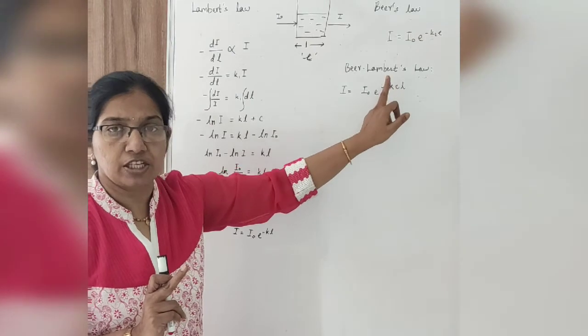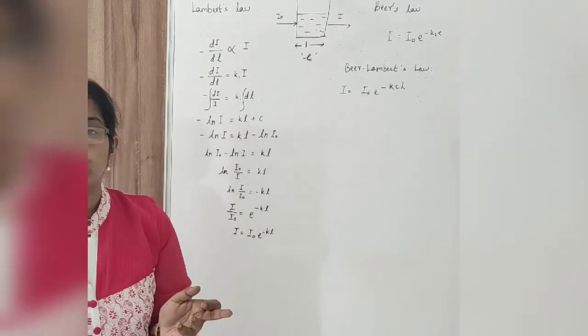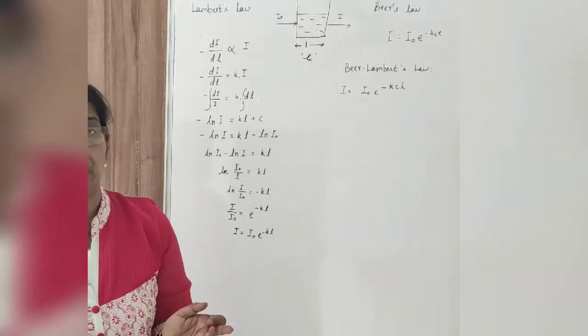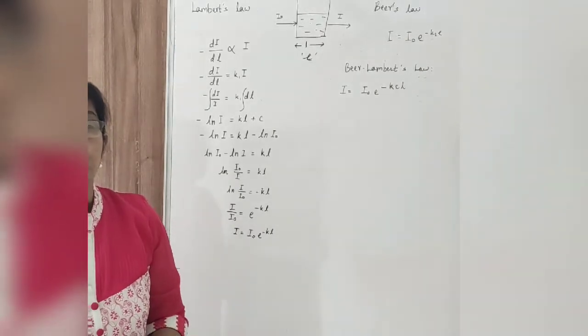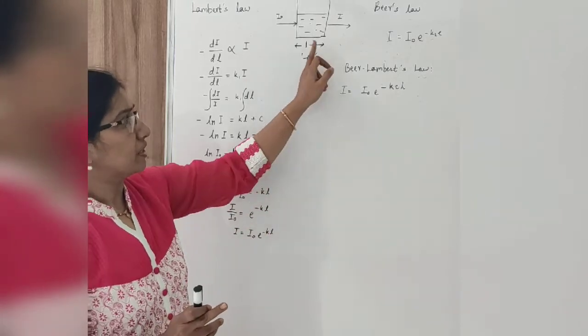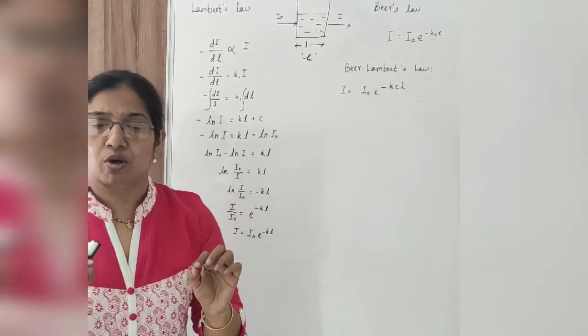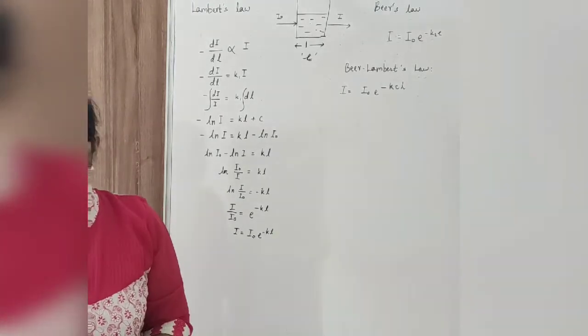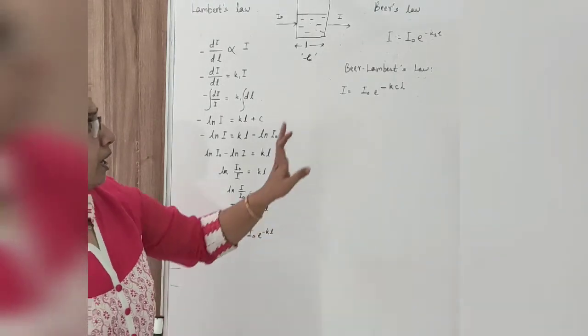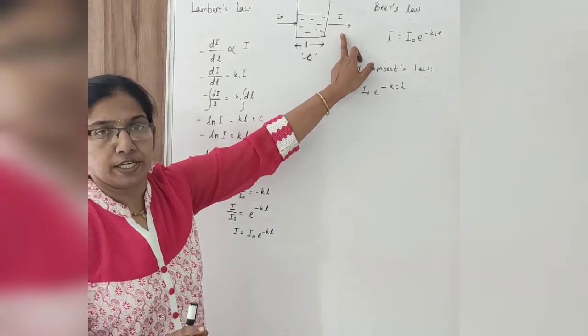The other term is concentration. With increasing concentration, the number of absorbing molecules also increases, so definitely there is a decrease in transmitted light. As path length increases, the number of absorbing molecules again increases, and definitely there is a decrease in the intensity of transmitted light.